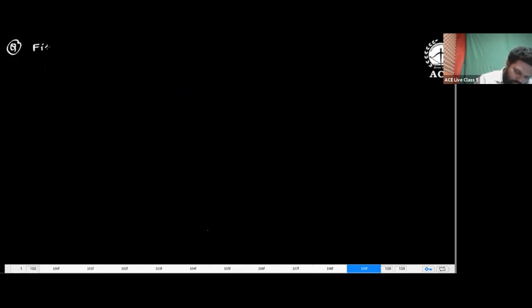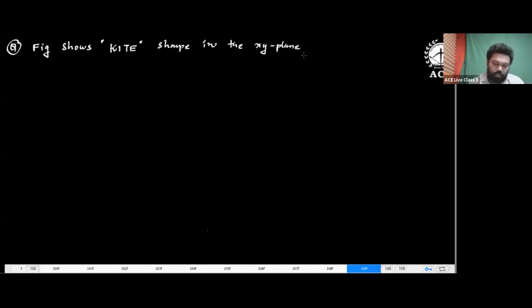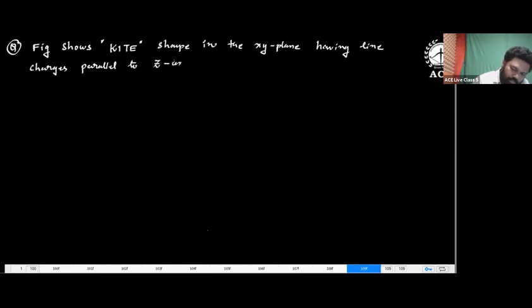Okay, let us take one more question. The figure shows the kite shape in the XY plane having line charges parallel to the Z axis through three of its corners.